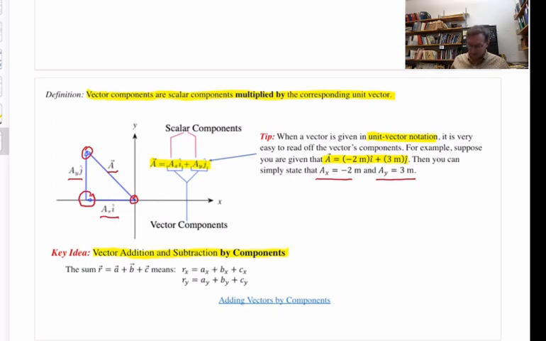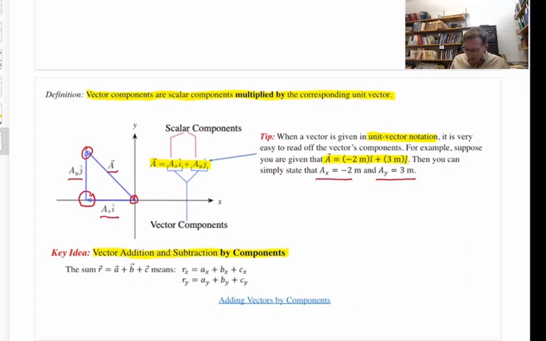Okay, here's the idea. Suppose somebody has come along with three vectors. They're labeled little a, little b, and little c, each with an arrow on top because it's a vector. And we are tasked with adding those three vectors to get the net, or total, or sum, or resultant, whatever word you want.